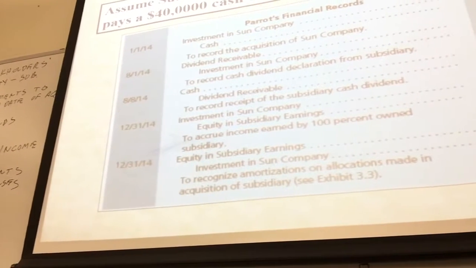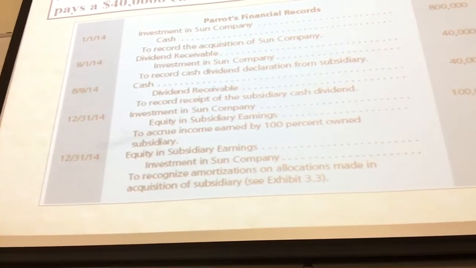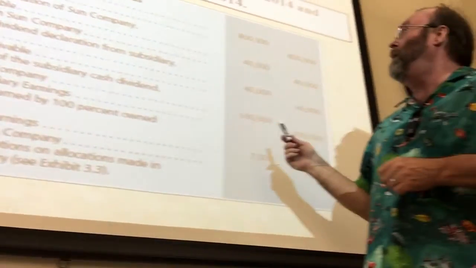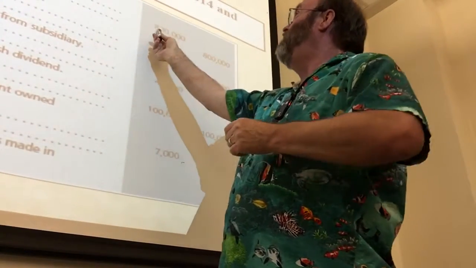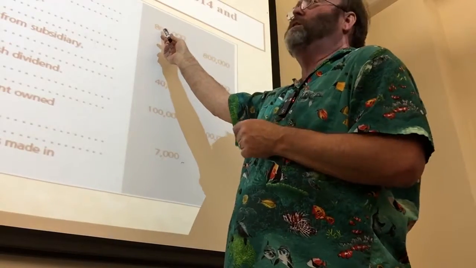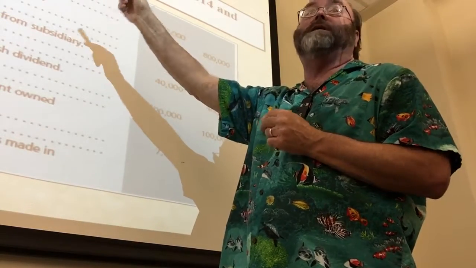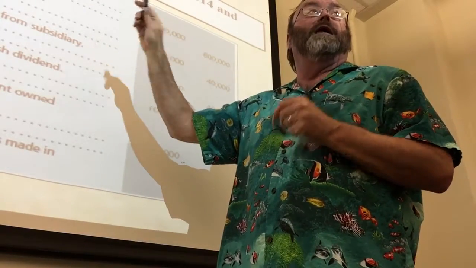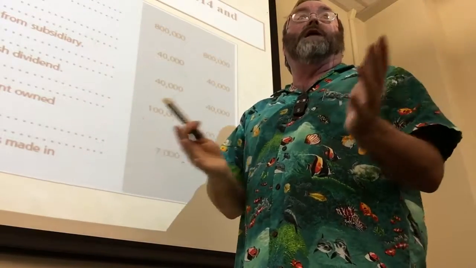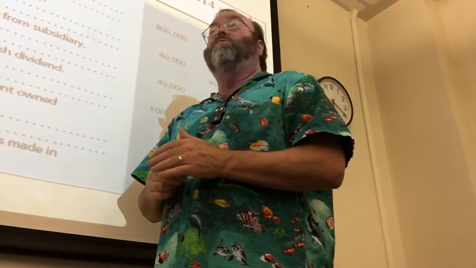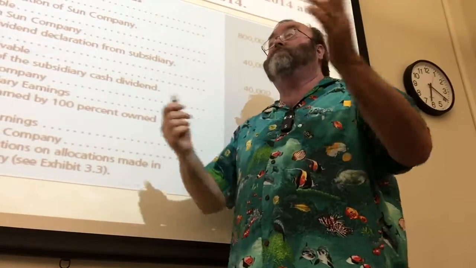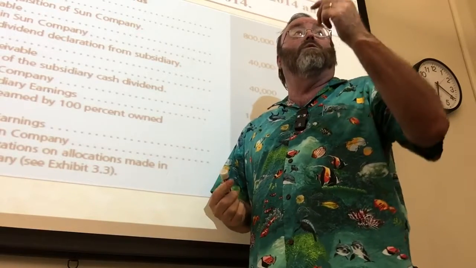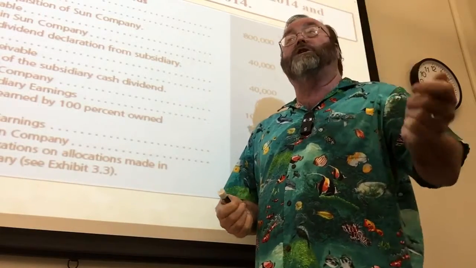So here are our journal entries, recorded at the parent level. At the parent level, we did our investment of $800,000 in Sun Company, and each of these investment accounts is going to name the subsidiary. It's not generic, like when we were doing the fair value, where we have an investment in trading securities or available for sale securities.